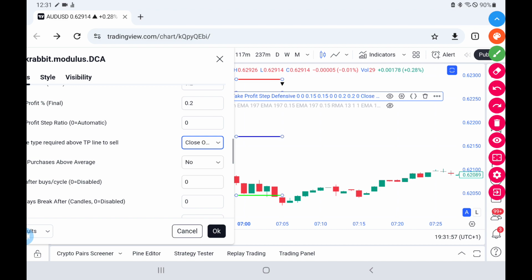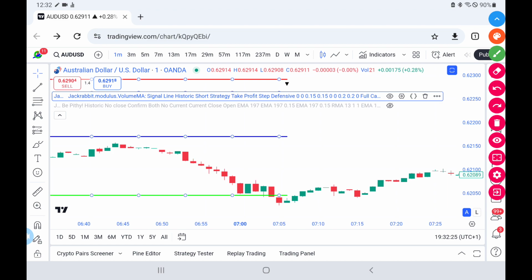And now we see that it is the second red candle. But at the same time, if we go to full candle, it should also trigger appropriately. And it did. The first green candle shows specifically the full candle only.